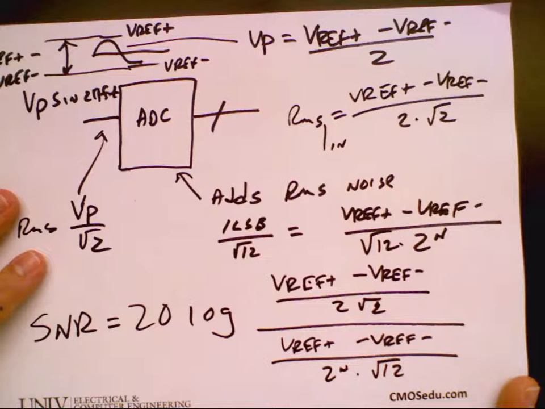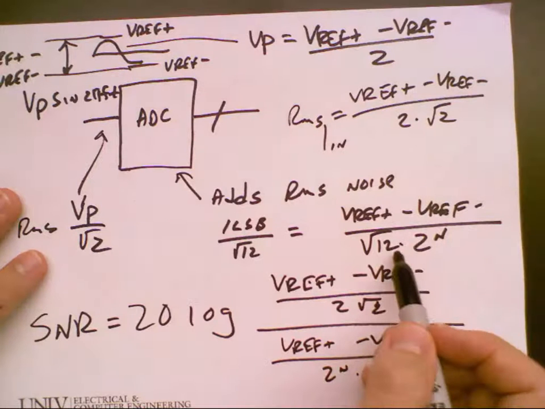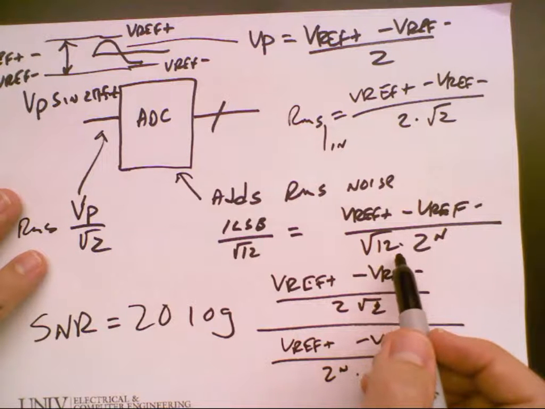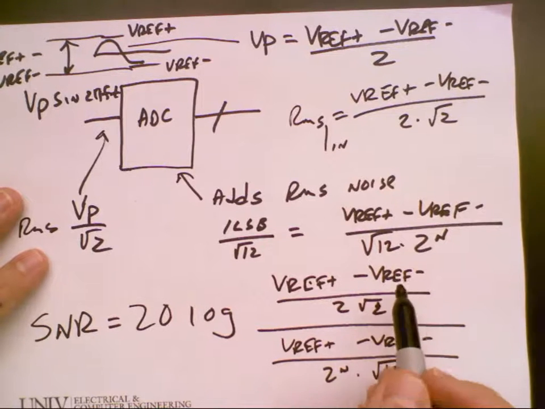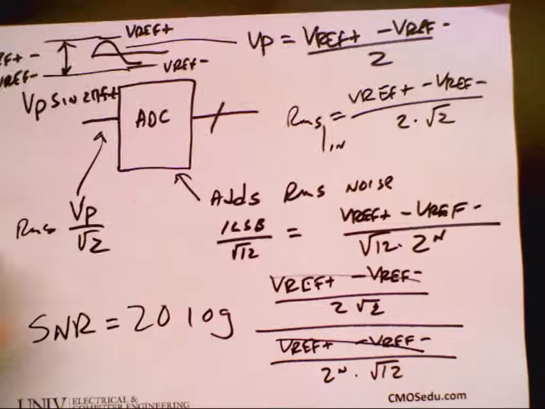I should put the square root of 12 here to be correct. Is everybody yay? You guys were probably like, he left off the square root of 12 there, weren't you? Alright, so then these cancel, and I go to the next page.